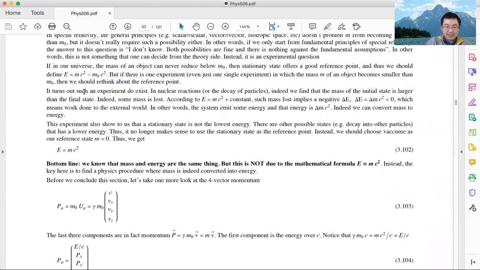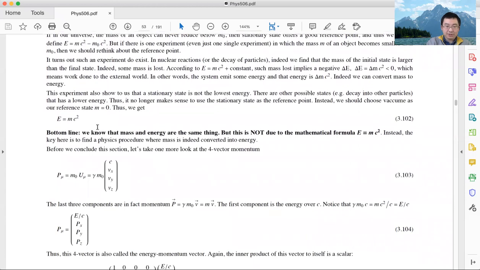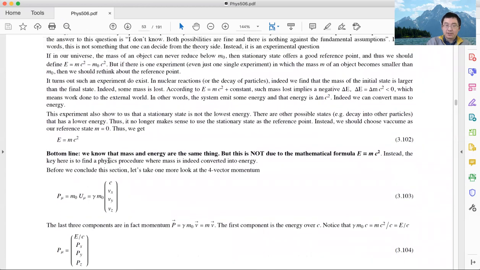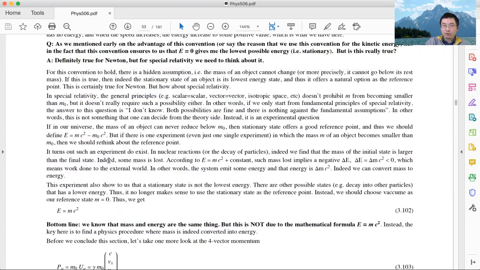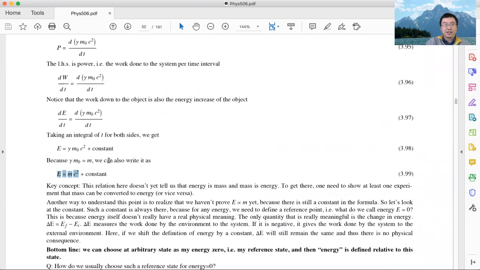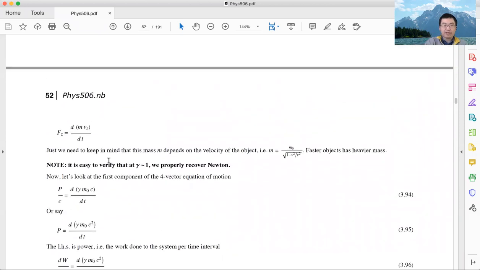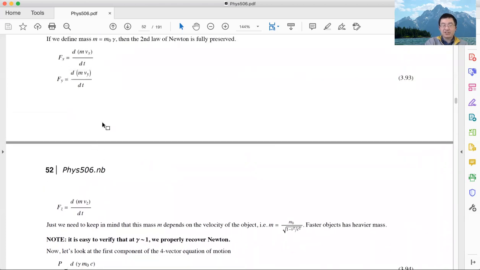Nevertheless, let's summarize. In this section, we find that in order to follow this vector equals vector, scalar equals scalar structure, we have to modify Newton's law. After we modify Newton's law to conform to this vector equals vector structure, we find that Newton's law pretty much survived, and the only modification we need to make is to remember the mass of a particle or object is not a constant anymore.